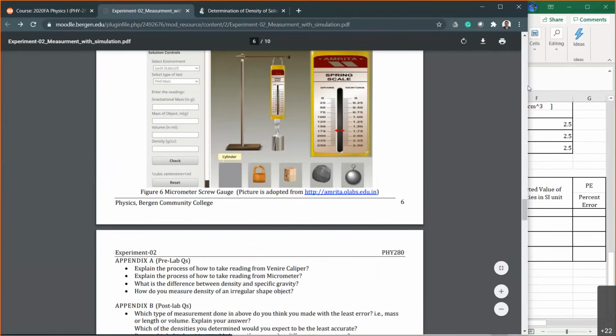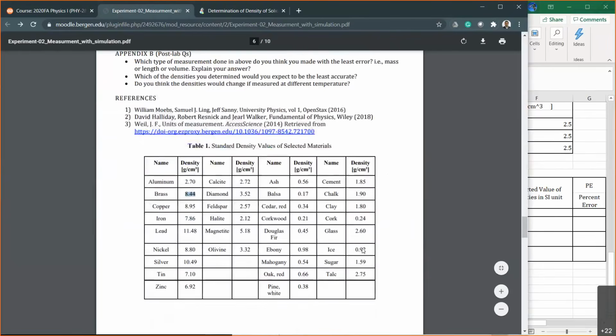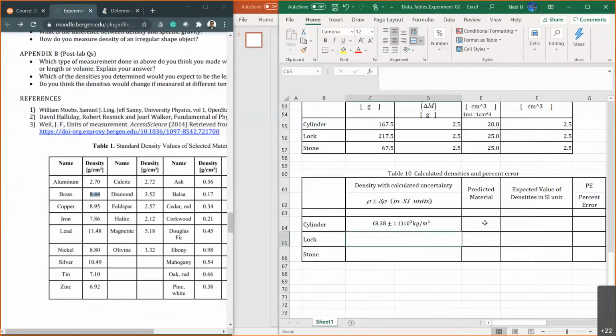So let's bring that number, what's the number? 8.44. So our predicted material is, you can say, brass. And the expected value of density in SI unit is 8.44. But I have to write the SI unit, so I'm going to copy paste this and put it here because I need to use the nice formatting.